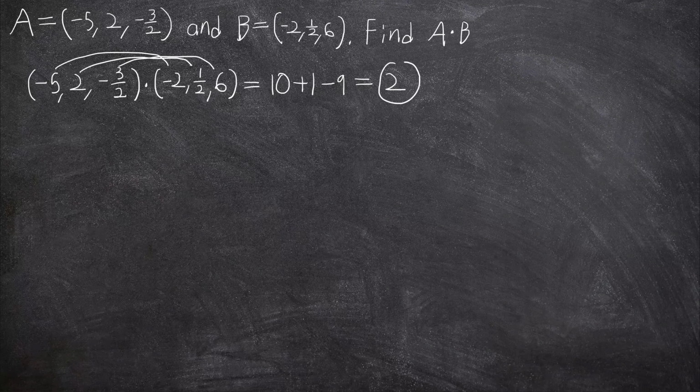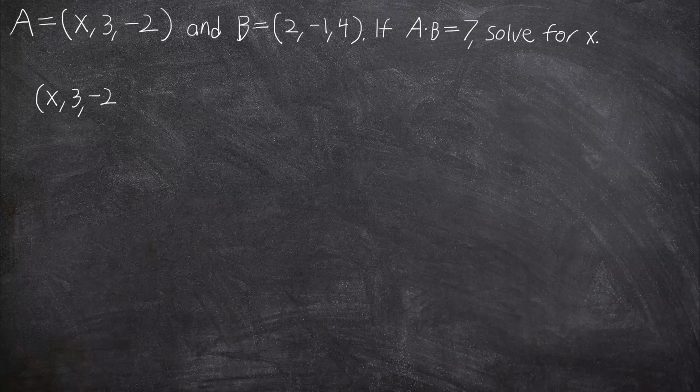Let's switch things up a bit. So we actually want to solve for the variable x as we do the dot product. And we can see the dot product of A and B already equals 7. So how can we approach this? Well, we know that we could do our typical method of dot product.